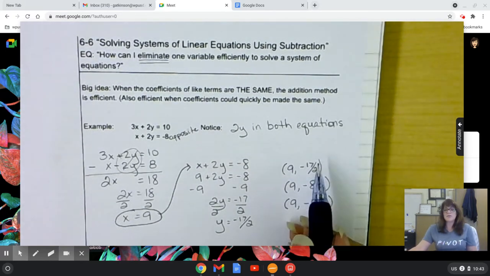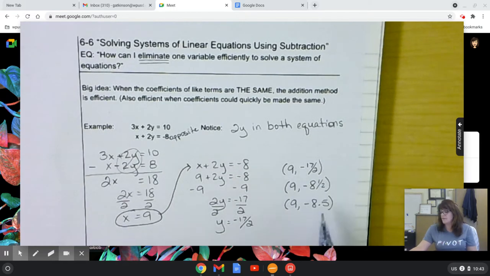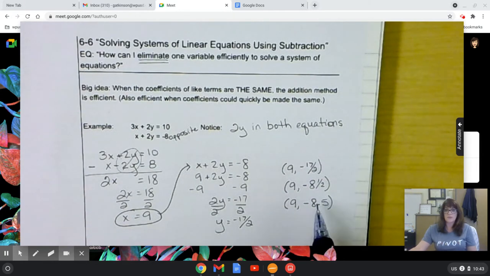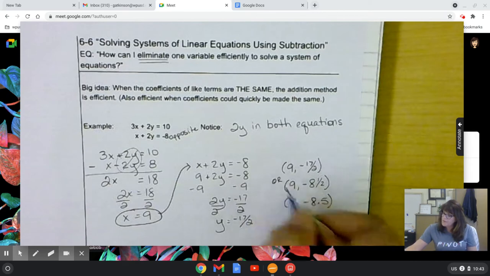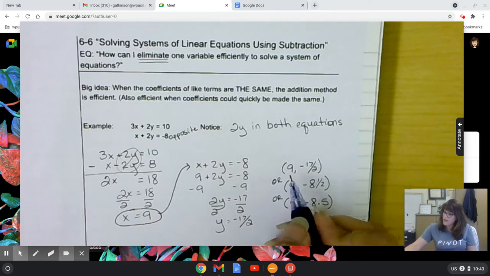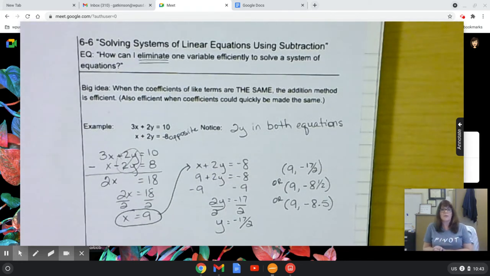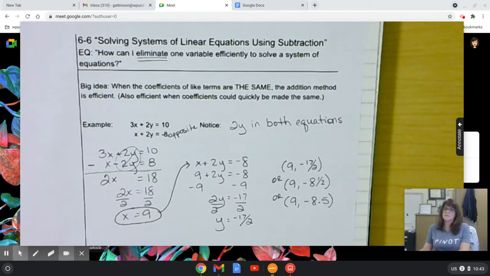Just pay attention to the directions if it asks you to have everything in a decimal form or in a mixed number form. We all know that Savas doesn't like improper fractions. So it would be one of these two, but all are good for different things. Okay? So all of these are the same values, just different formats. Pay attention to the format when you're doing the answer part of math lessons.